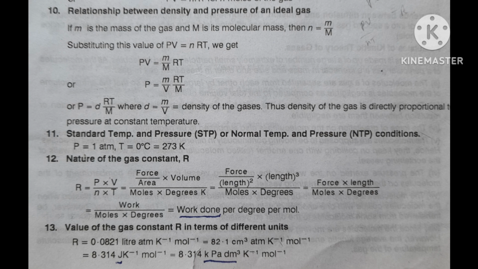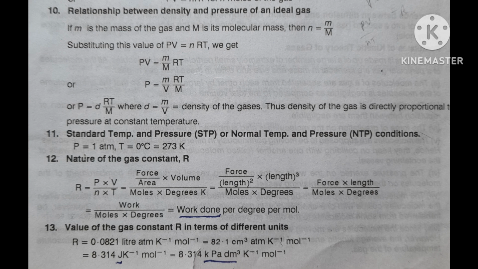Quickly you have derived it from the ideal gas equation. Then pressure and density are related: P is equal to d RT by M, where d is equal to m upon V, that is the density of the gas. Thus, the density of the gas is directly proportional to its pressure at constant temperature.